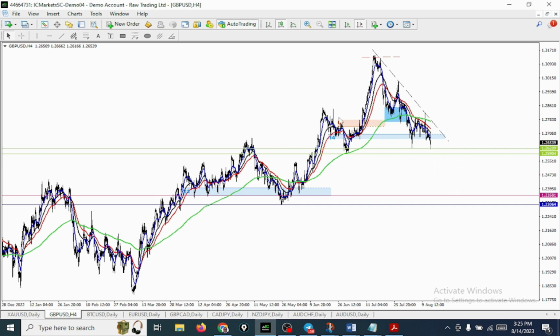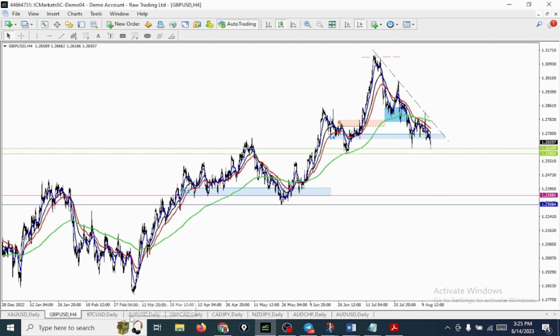A head and shoulder pattern is a bearish reversal pattern. After a progressive uptrend, after an impulsive move to the upside, the market will start dropping. So these are the levels I expect this market to drop to in the near future. Take note of it, guys. GU is going to further drop.